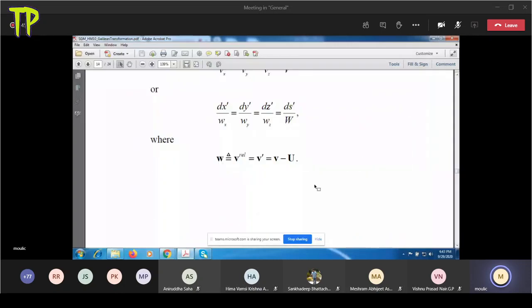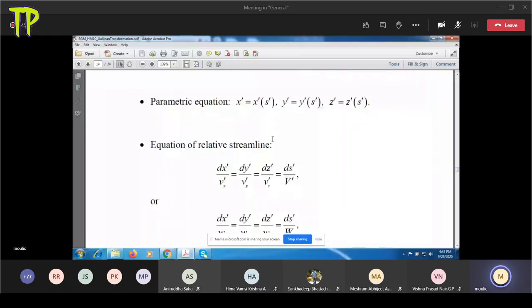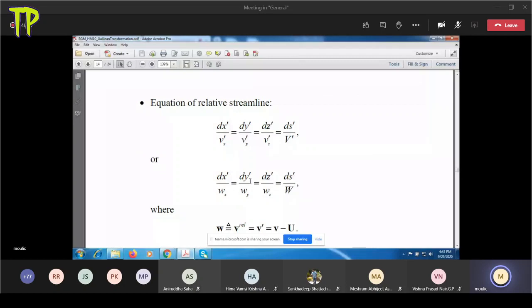Only thing is I'll use these prime coordinates x prime, y prime, z prime, which are coordinates measured by the observer B in the translating frame. And I'll use the relative velocities wx, wy, wz, or vx prime, vy prime, vz prime.